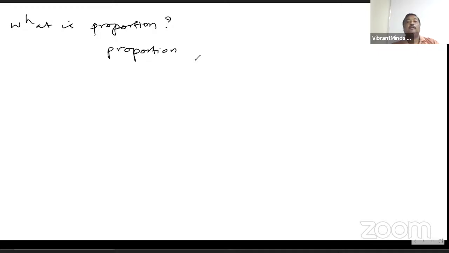Now see, the second part of the topic is: what is proportion? And what is proportion? So understand. Proportion is equality of two ratios.